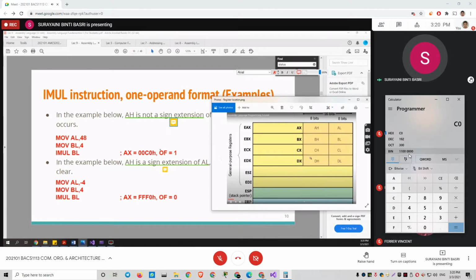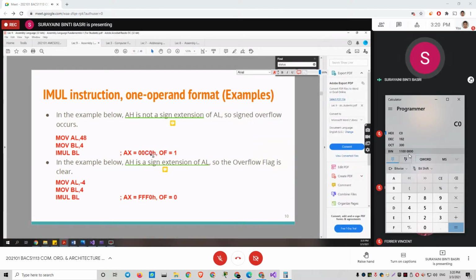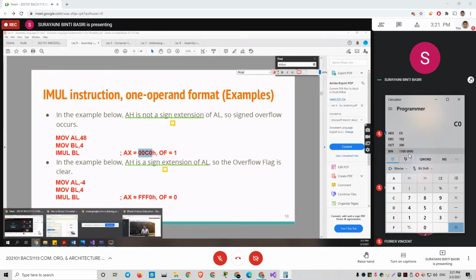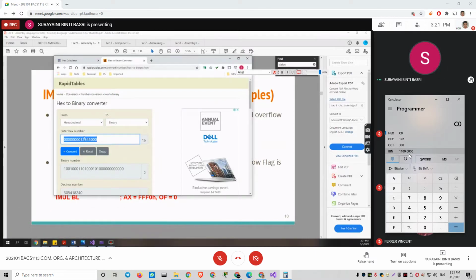When you change this into binary, it will only go up until 8 bits.